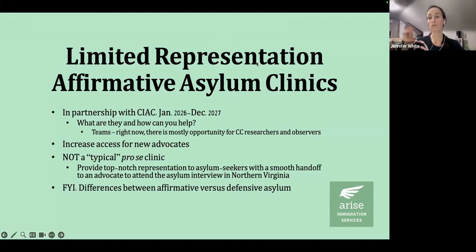And folks who are in removal proceedings, who are being prosecuted by the government which intends to deport them, would file a defensive asylum application with an immigration judge. The legal requirements for asylum are the same in either context, affirmative or defensive, but there are a lot of procedural barriers that exist in a defensive context that we don't have to deal with.